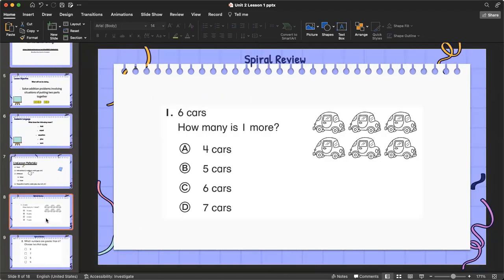Our first spiral review question is: 6 cars. How many is one more? You have 6 cars. How many is one more? If you'd like to draw them out or use your counters, you can do so.